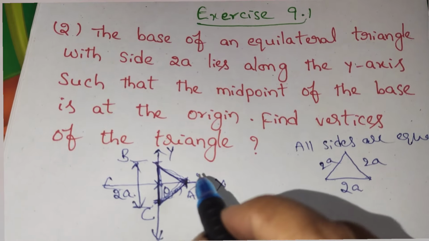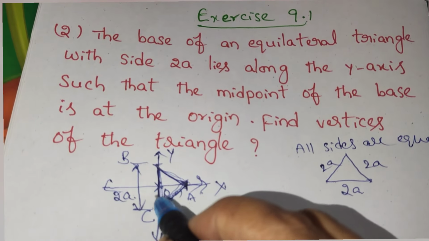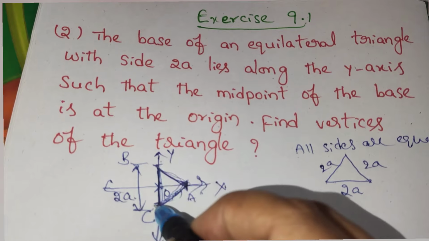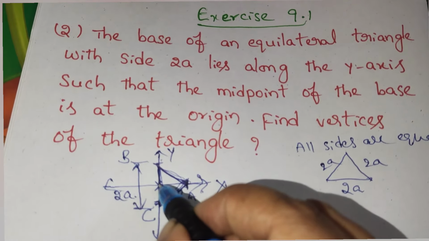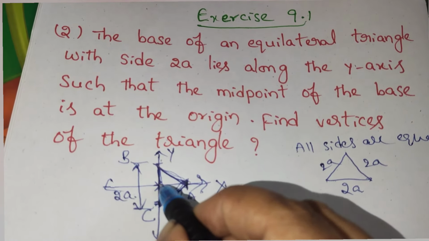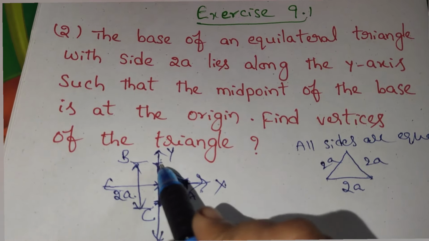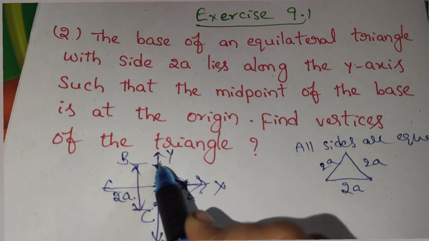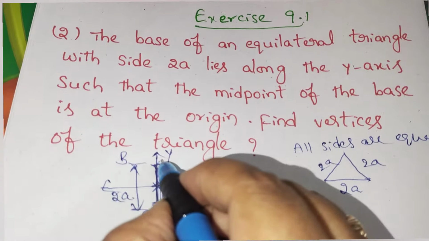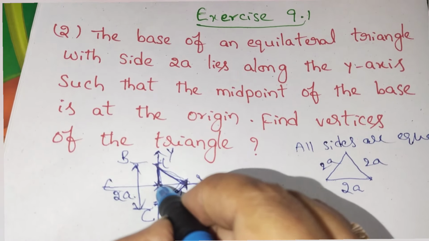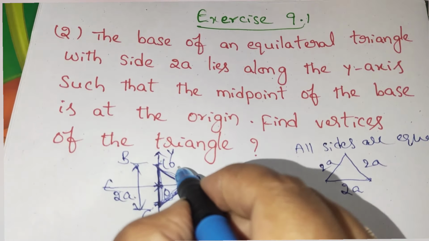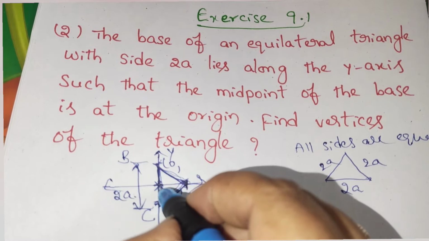Now the total length from B to C is 2a, but the midpoint is at the origin. From the origin to the positive y-axis, this point B has no x, x is 0, comma y. What is the y?